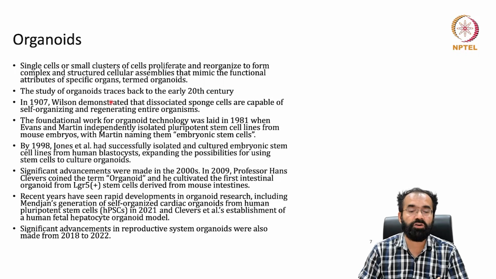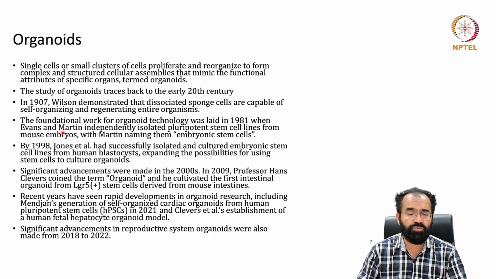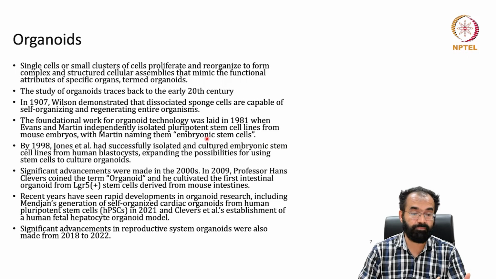The study of organoids traces back as early as 20th century. In 1907, Wilson demonstrated that dissociated sponge cells are capable of self-organizing and regenerating entire organisms itself. Sponge, the animal. The foundational work for organoid technology was laid in 1981 when Evans and Martin independently isolated pluripotent stem cell lines from the mouse embryos, with Martin naming them embryonic stem cells.